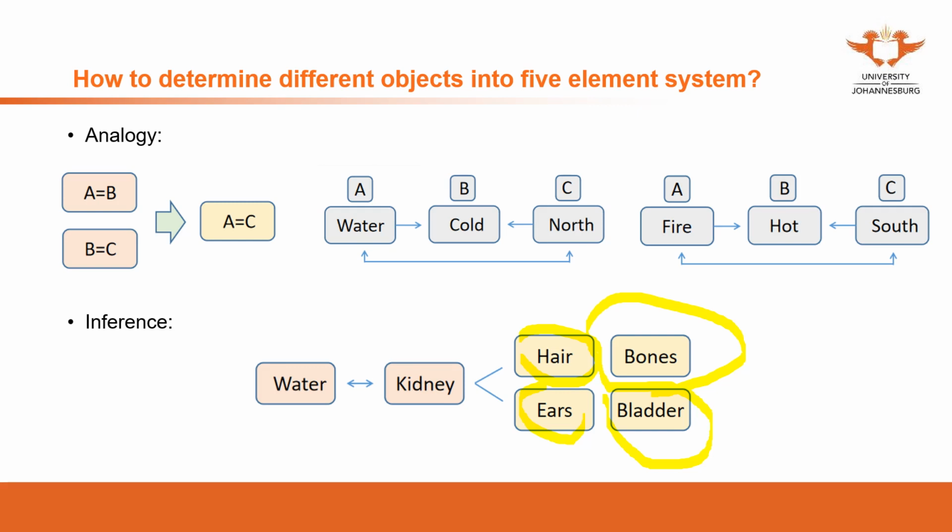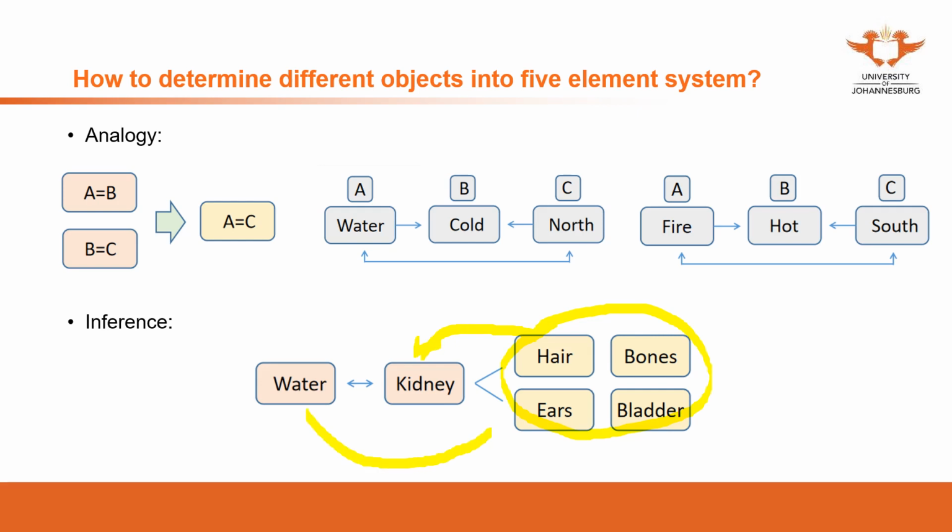But also from here, because these four substances are related to the kidney, and the kidney is related to water, these four substances are also related to water. That's how to put different objects in these five categories.